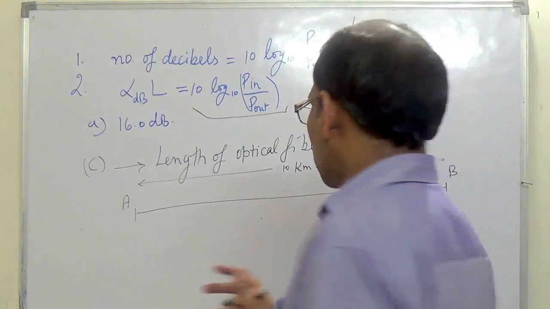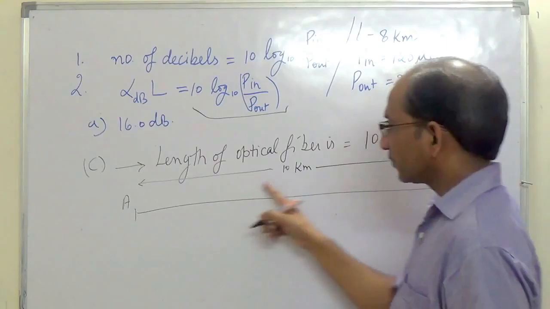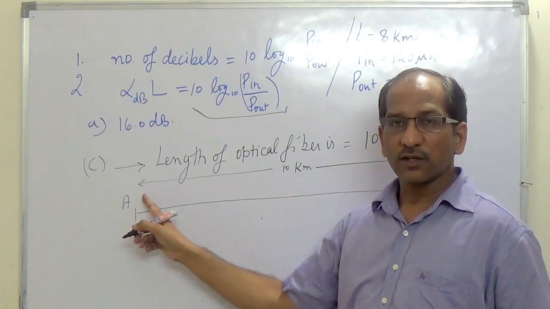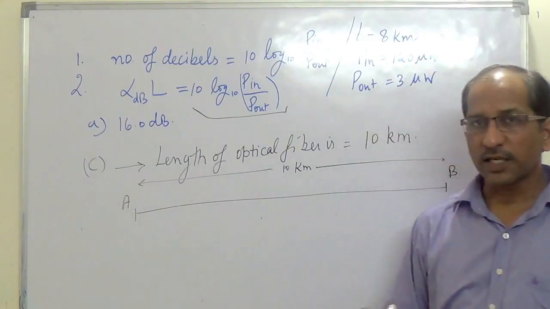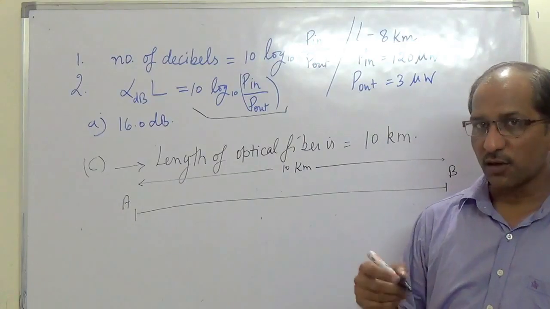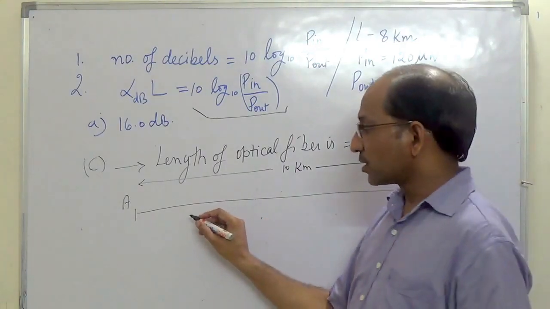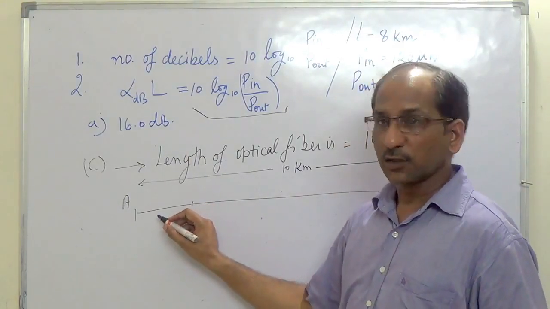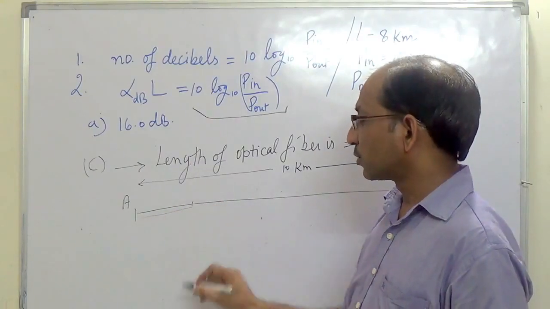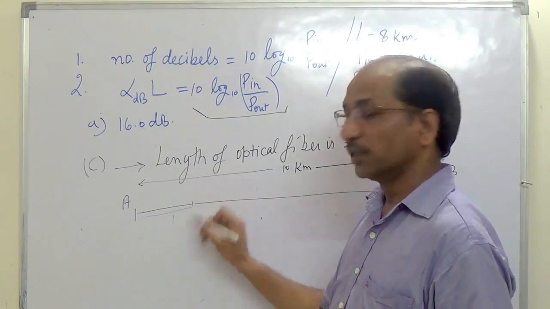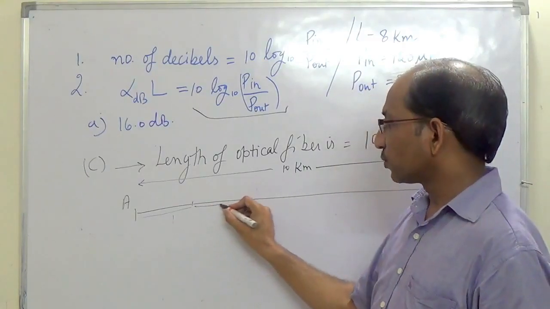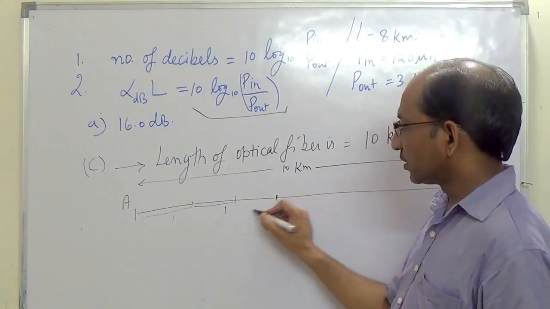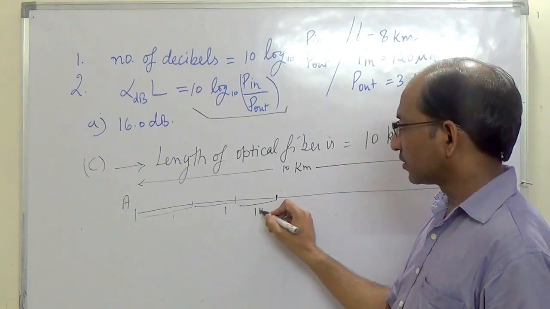So first point is that we have to find out the attenuation because of the length of 10 km. Then they are saying that in this optical fiber there are basically some connectors at 1 kilometer interval. So suppose this is 1 kilometer interval. First connector is here. Second 1 kilometer, one connector is here. Third interval 1 kilometer.